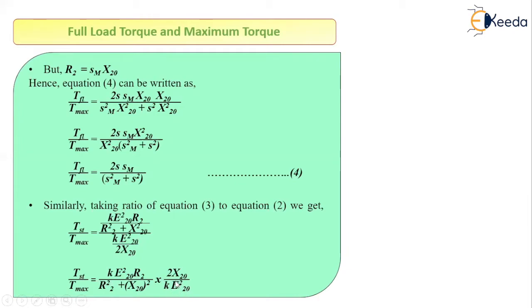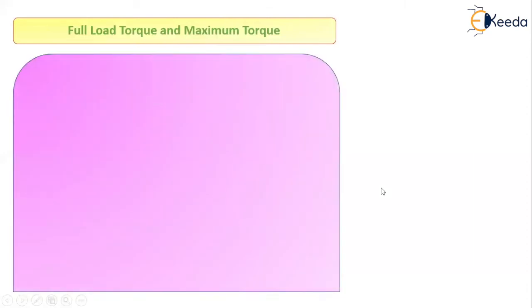Now let us see which terms will get cancelled here. So K E20 square in the numerator will get cancelled with the K E20 square in the denominator. So further, if we simplify the equation, we get ratio of starting torque to maximum torque is equal to 2R2 X20 divided by R2 square plus bracket S into X20 square.